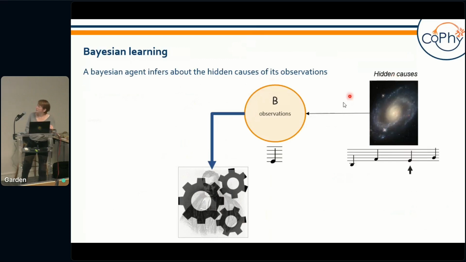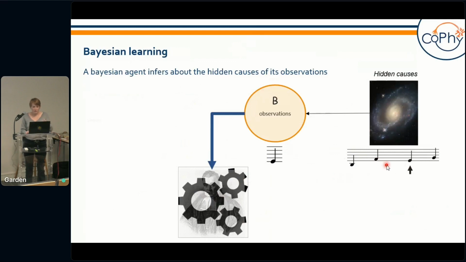For instance, if we consider this note, the hidden cause of this note is the musical stream, the melody to which this note belongs, and so the hidden rule that the system would infer is the specific transition between notes.